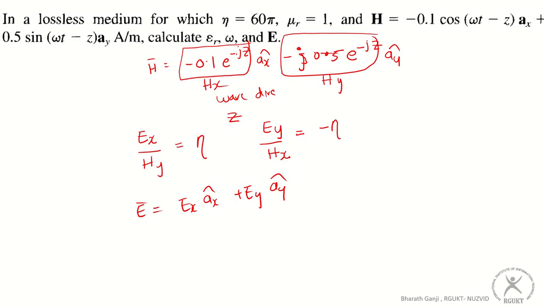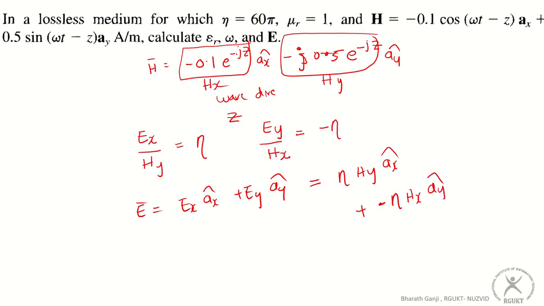So what is E_x? E_x is nothing but eta times the H_y component into a_x cap, plus E_y, which is minus eta times H_x into a_y cap.